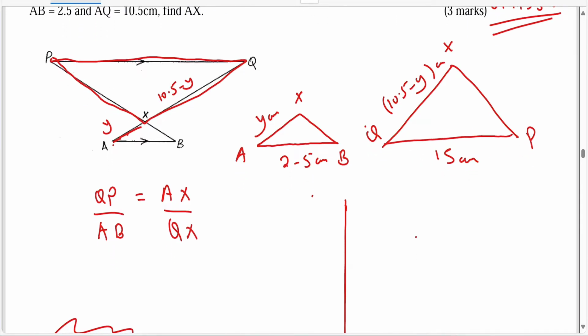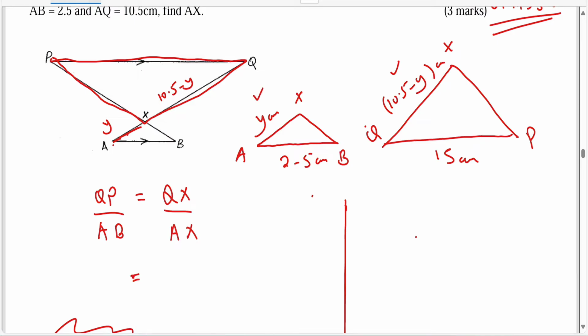QP over AB is equal to QX over AX. So that was the mistake. It should be QX over AX kwa sababu wachukua kubwa over ndogo. So QX ni kubwa, AX ni ndogo.